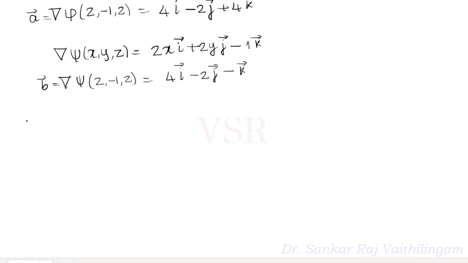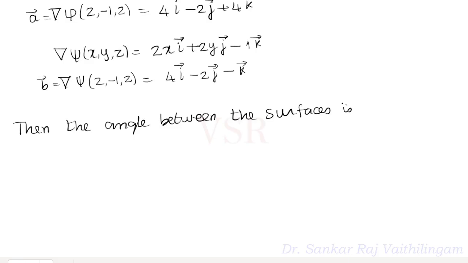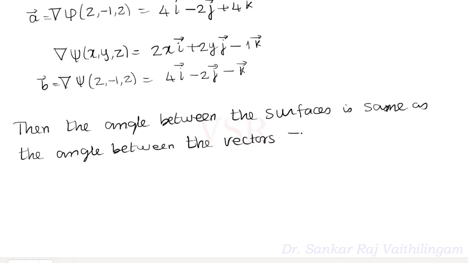Then the angle between the surfaces is the same as the angle between the vectors, which are del phi at (2, -1, 2) and del psi at (2, -1, 2).